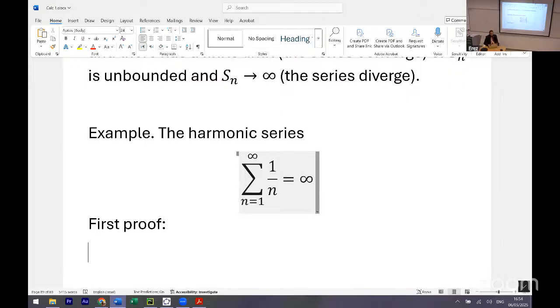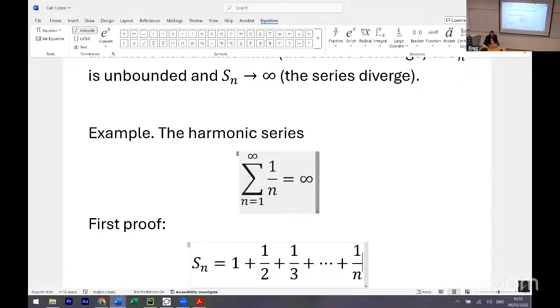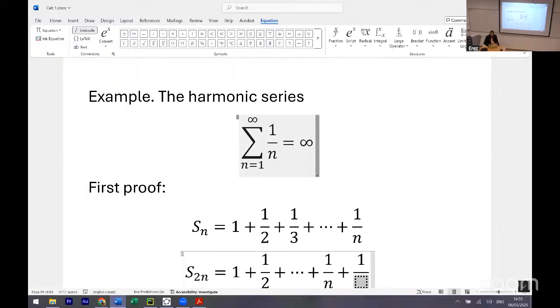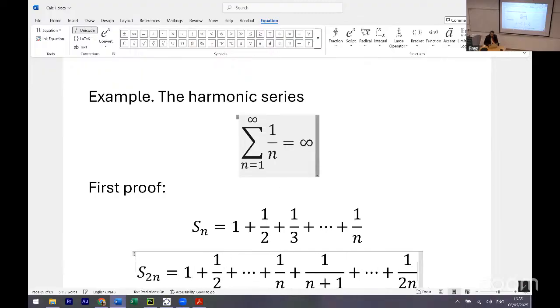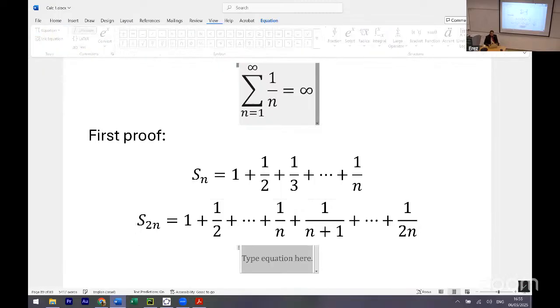First proof. Sn is the sum of the first n elements, 1 plus a half plus 1/3 until 1 over n. Agreed? What is S2n? It's the sum until 1 over n, then 1 over n plus 1, until 1 over 2n. Agreed so far? Now look at the difference between them.